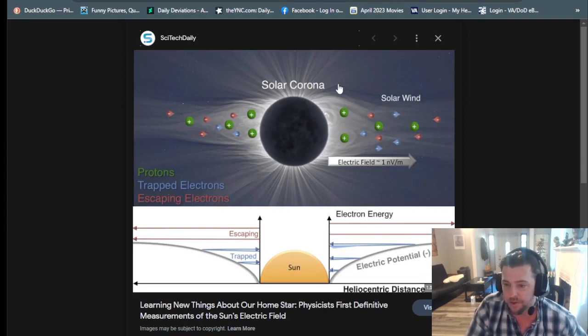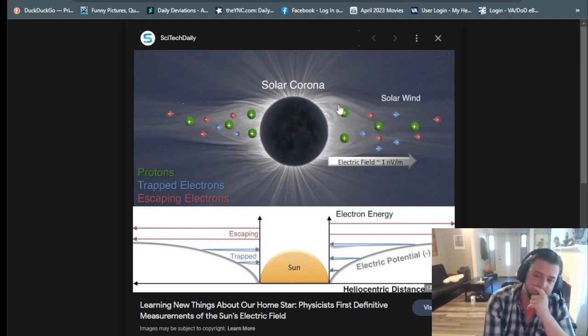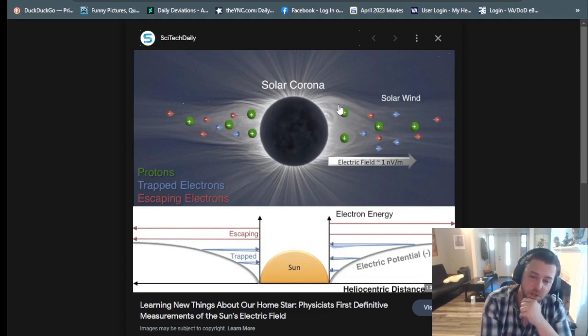I mean, these are obviously being affected by a magnetic field. I think this is the corona of the sun, which is a lot of plasma being ejected out and whatnot, and the magnetic field bends it around. But let's pretend there's no bend in this at all, and it's just straight being emitted from all directions, okay? That is essentially what a gravitational field is going to look like.